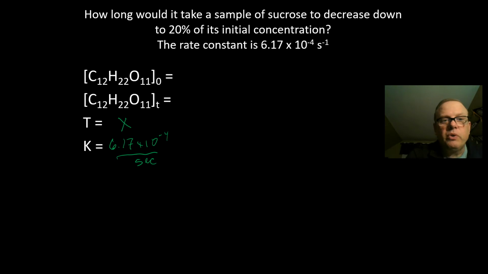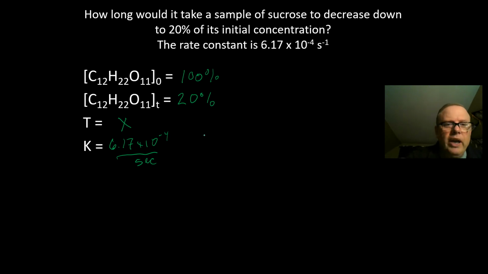Time is the X that we're trying to find here. We're looking, how long does it take to get down to 20%? And at time 0, we had 100% of whatever sample size. So even though I don't have the sample concentration here, many times we can just work in percents like this.